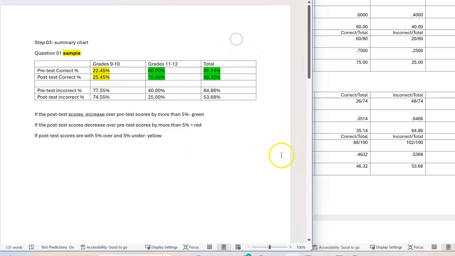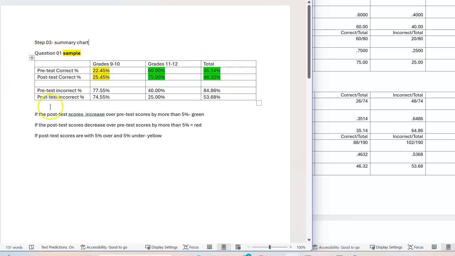So what we have just done is we have taken all of question 1 and put it into one chart that shows that for grades 9, 10, there was barely any change on question 1. On grades 11, 12, there was an increase in question 1. And in the total, there was an increase in question 1.